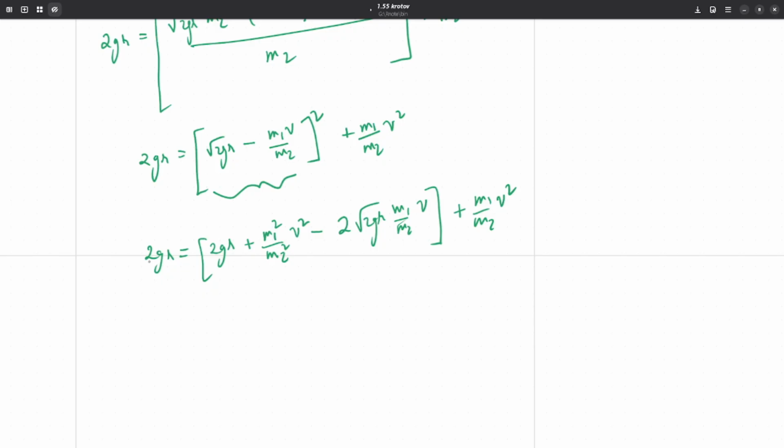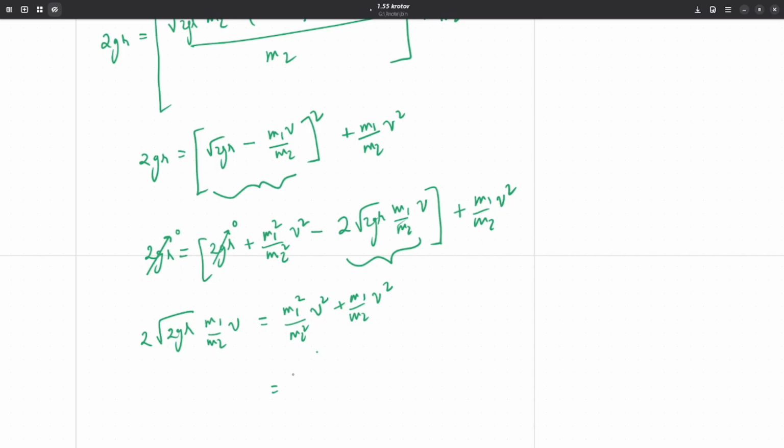So 2gr cancels out, and bringing this term to the left hand side, we have 2 root 2gr m1 by m2 v is equal to m1 square by m2 square v square plus m1 by m2 v square.